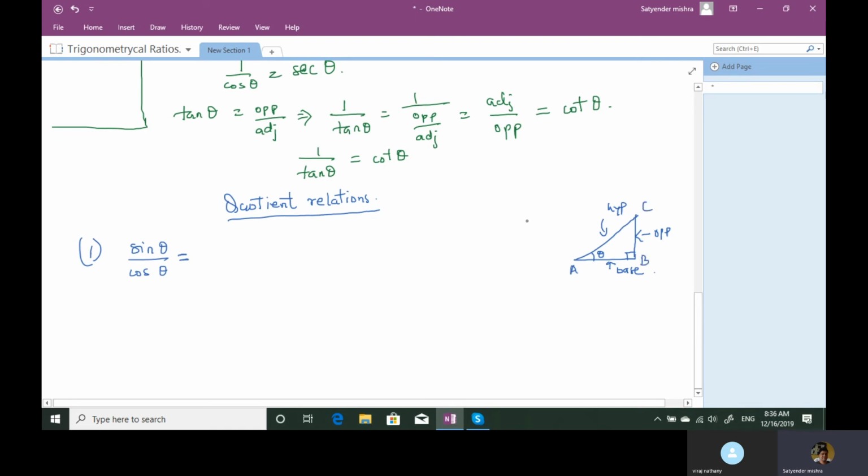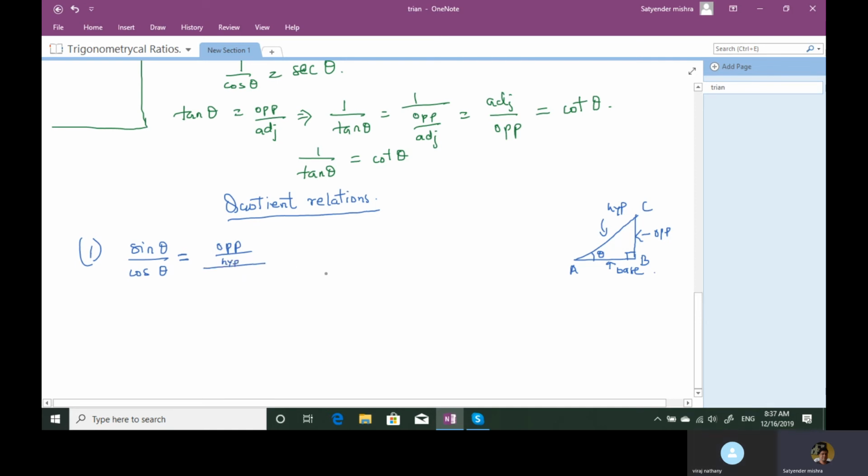So what is sin theta? Sin theta is BC by AC, right? Let's make it simple. Sin theta is opposite by hypotenuse, divided by what is cos theta?